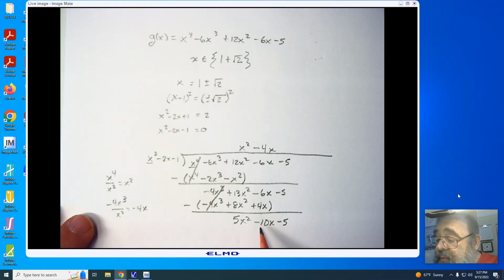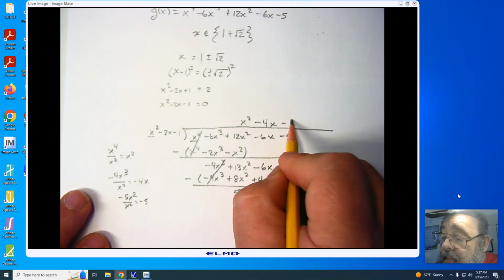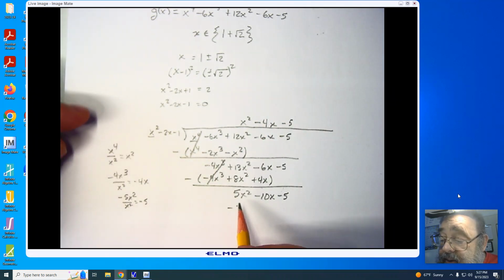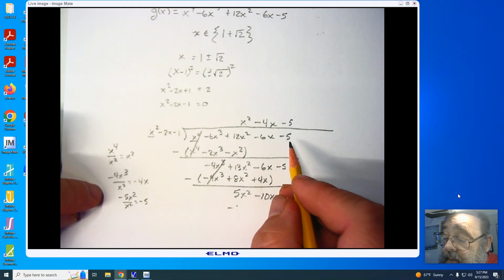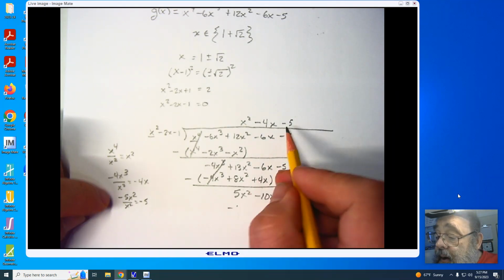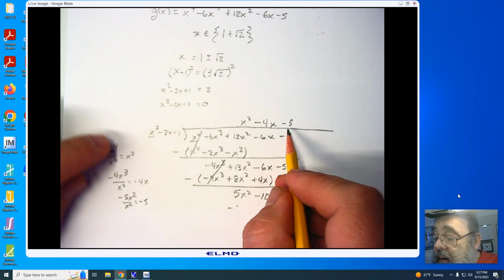We're now going to finish with taking the 5x squared divided by the x squared, and we get 5. Putting our 5 up and distributing. I look like I'm about to have an error though, so I want to be careful.